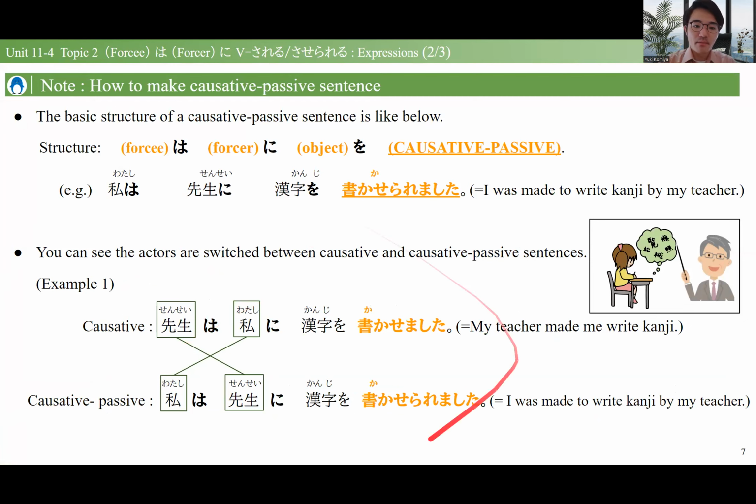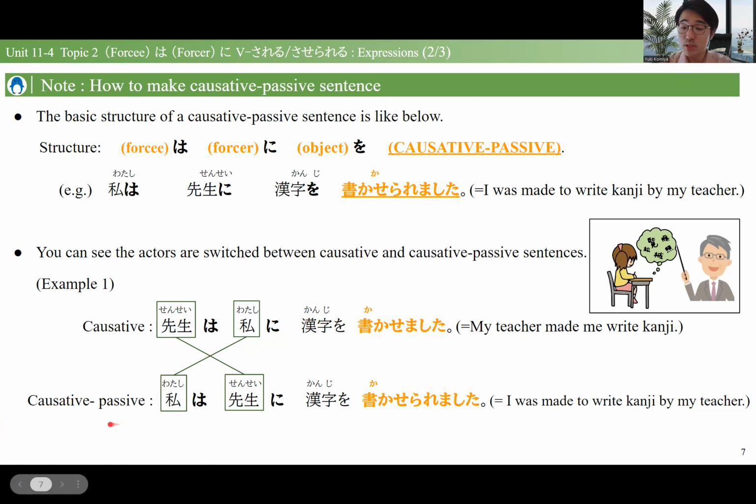You can see that the actors, the people involved in that action, are switched between causative and causative passive. If you look at the causative, this is I make someone do something. 先生は私に漢字を書かせました。So here's the plain one, my teacher made me write kanji. This is causative.